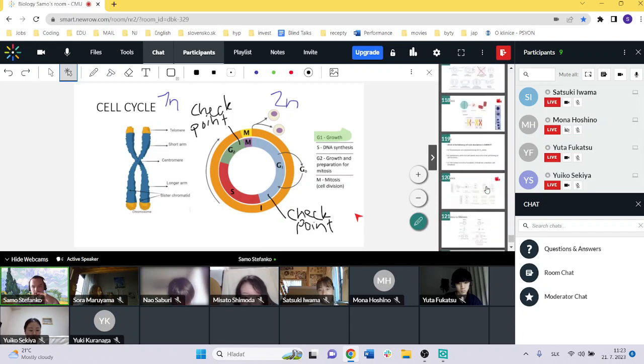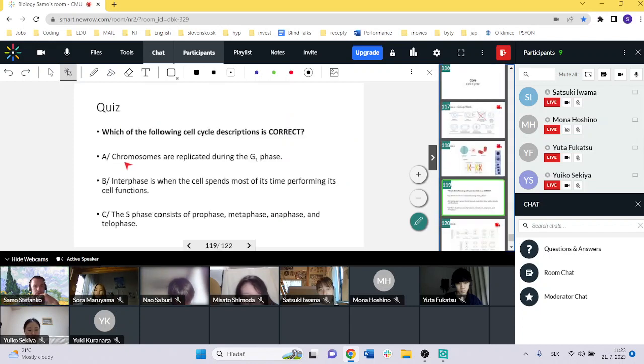Let's do a little check quiz. Utah, please, can you read? Which of the following cell cycle descriptions is correct? A, chromosomes are replicated during the G1 phase.